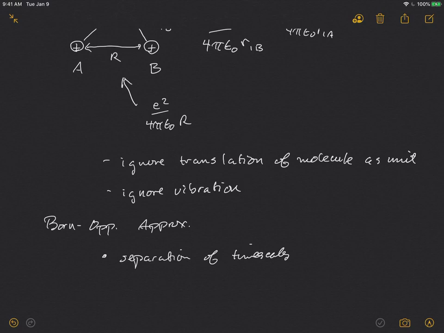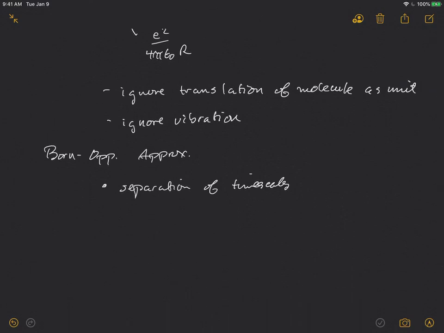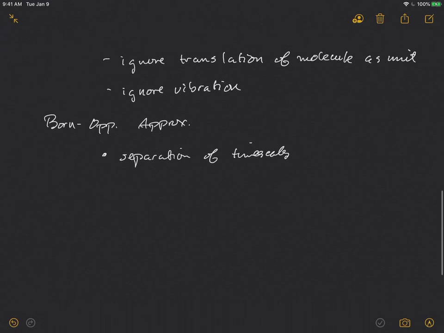And so this allows us to have a relatively simple Hamiltonian. We can ignore vibrational energy and develop a Hamiltonian that looks as follows.